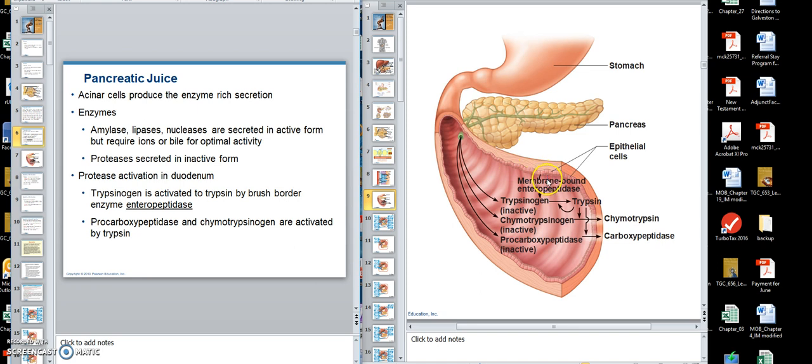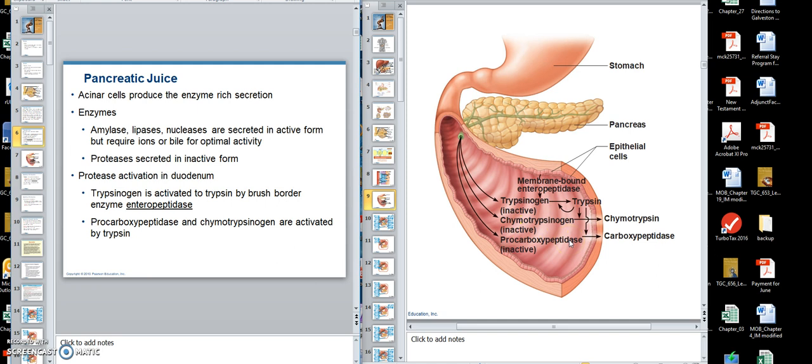That acts as an enzyme to convert trypsinogen to trypsin. Once trypsin is made, it can help make more trypsin because it acts as an enzyme on itself. But it also acts as an enzyme to activate two other enzymes produced from the pancreas, one called chymotrypsinogen and the other procarboxypeptidase.